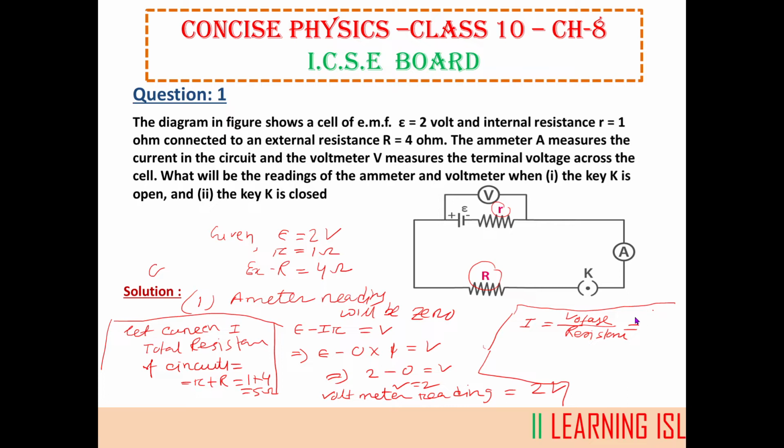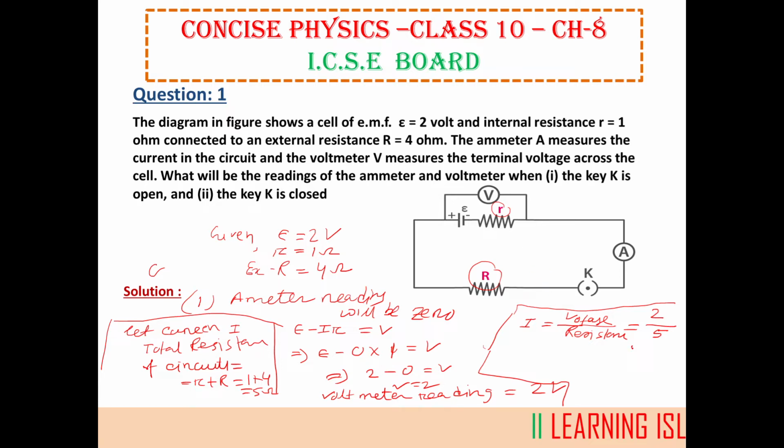The total voltage applied is 2, because it is the EMF, divided by 5, because the total potential difference here is E, the EMF of the battery, and the total resistance in the circuit is 5. By Ohm's law, V equals IR.